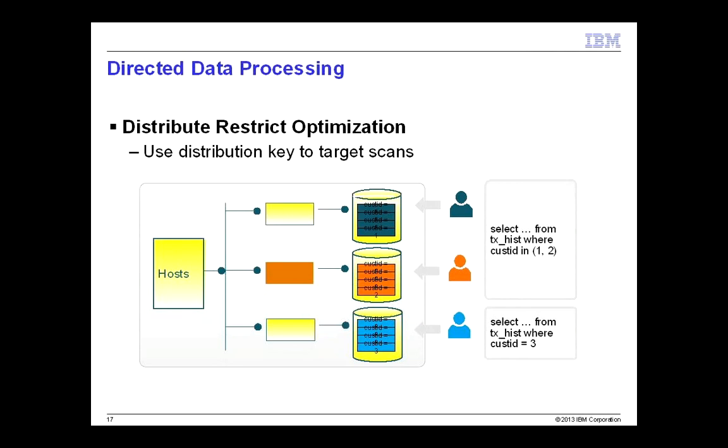This is where we talk about direct data processing. What it means is that you distribute your data in such a way that when you query on that particular column, it gives you the fastest possible performance. In this case, the table called transaction history is distributed on customer ID.